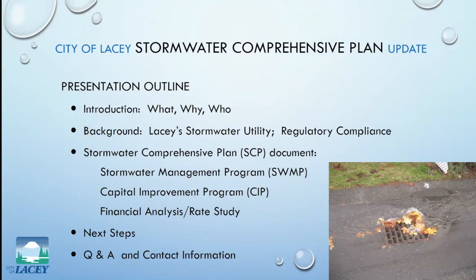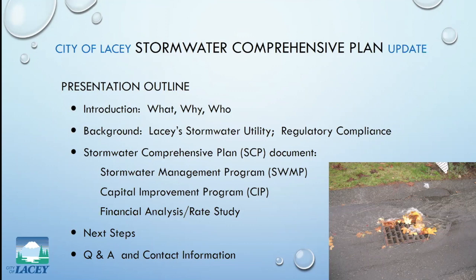So this presentation will start with a quick introduction. We'll talk about what it is, why we're doing it, and who's doing it. We'll give some background information on Lacey's stormwater utility and regulatory compliance.